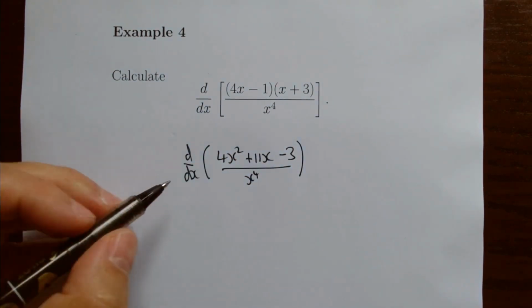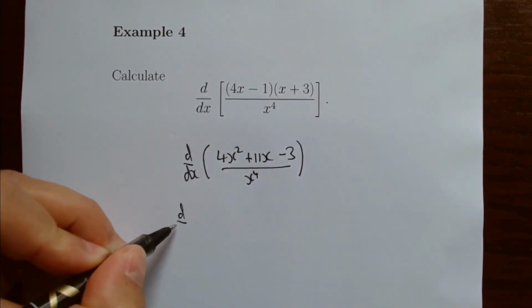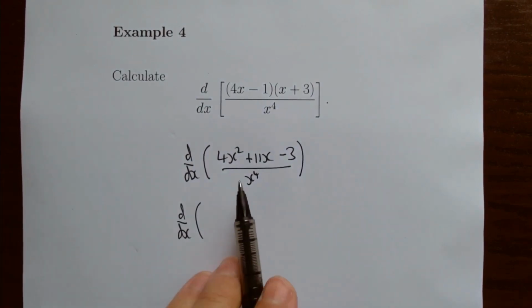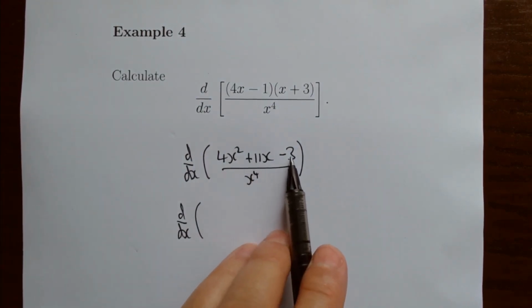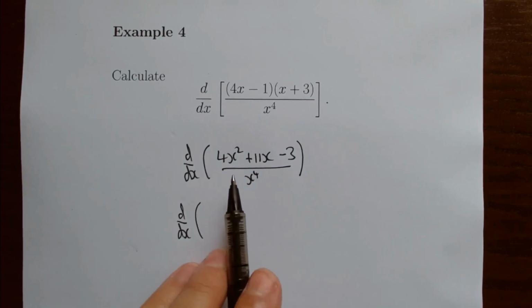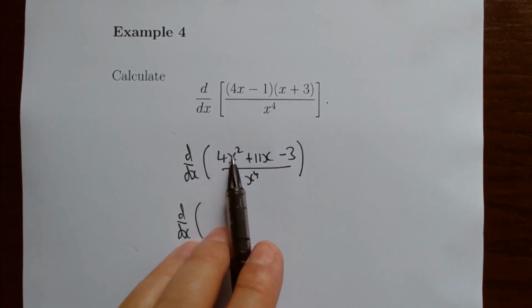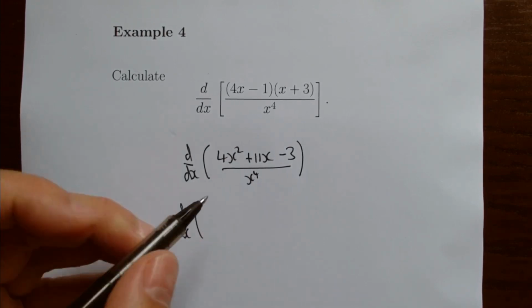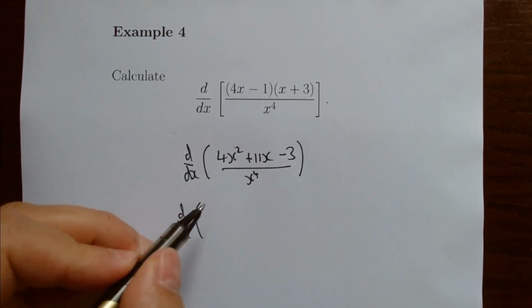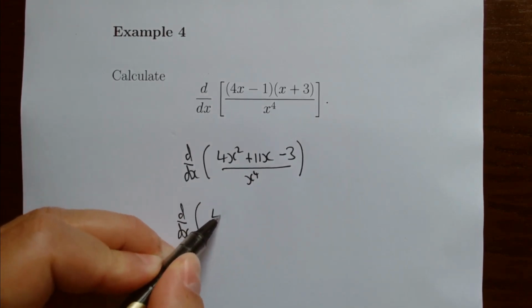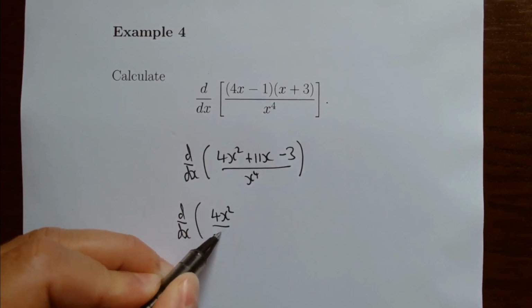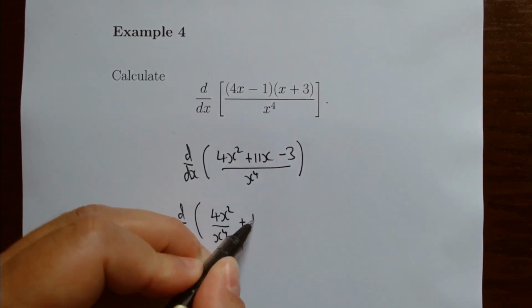And now we still can't differentiate it yet. We have to now split up the terms. So 4x squared divided by x to the 4. I'll do it in 2 steps. I'll just split it up first.